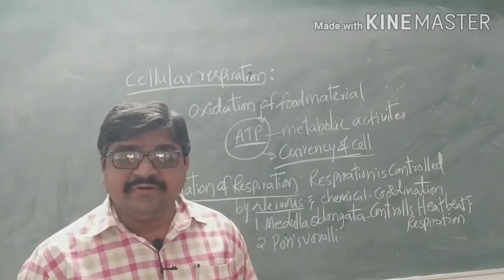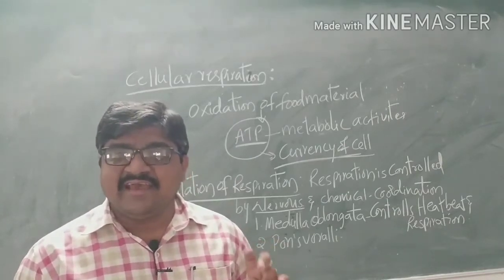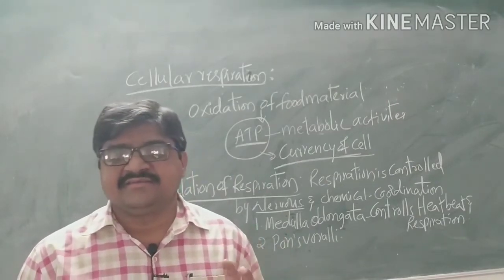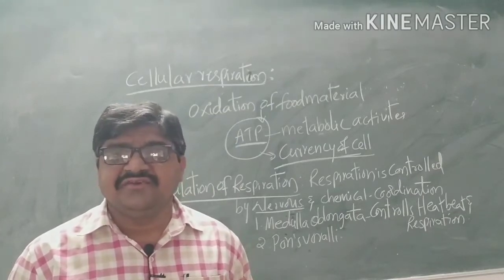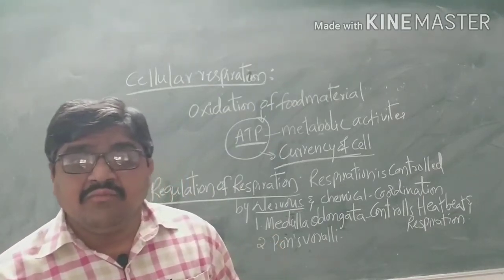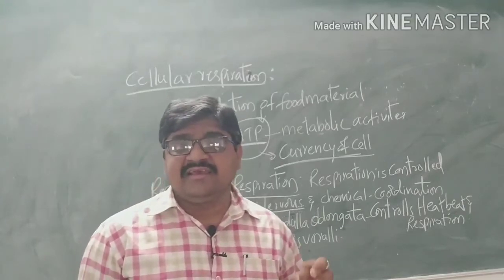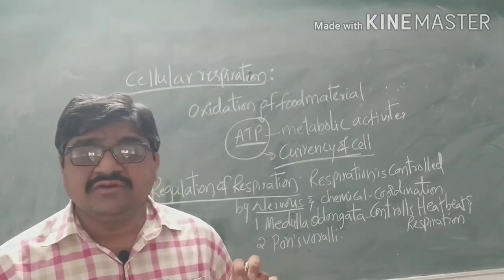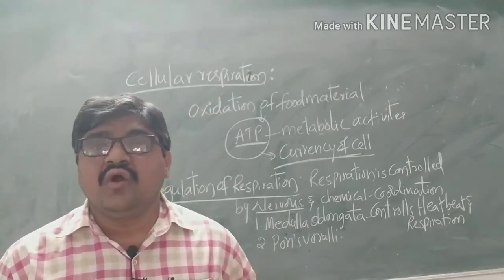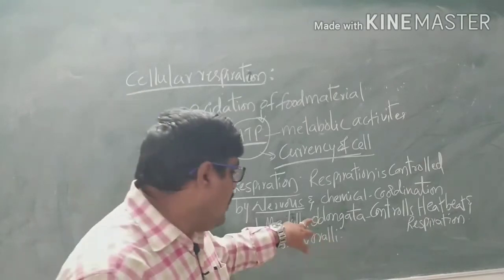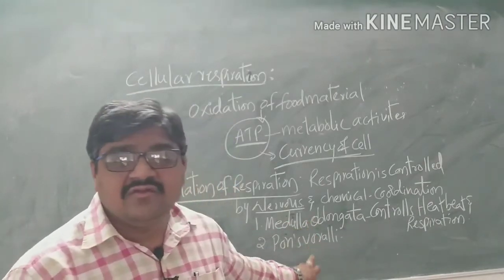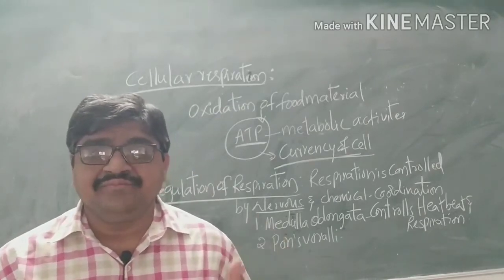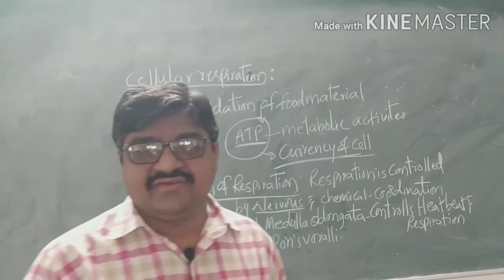One is called the inspiratory center, the second is the expiratory center, and the third is the pneumotaxic center. The first two are controlled by the medulla oblongata, and the pneumotaxic center is controlled by the pons varolii. Now we will discuss what they are.